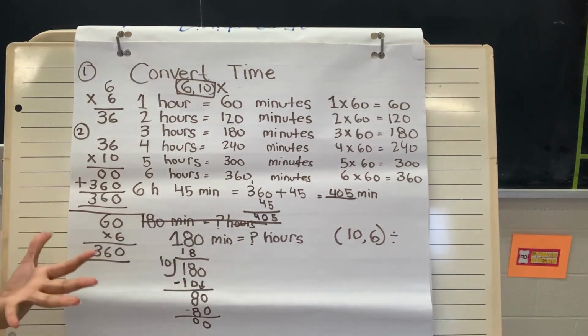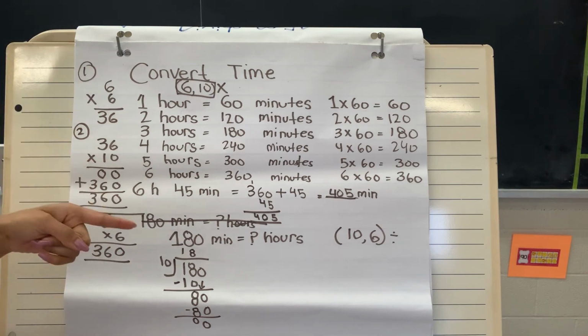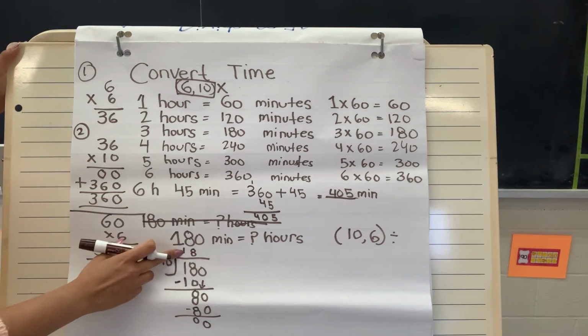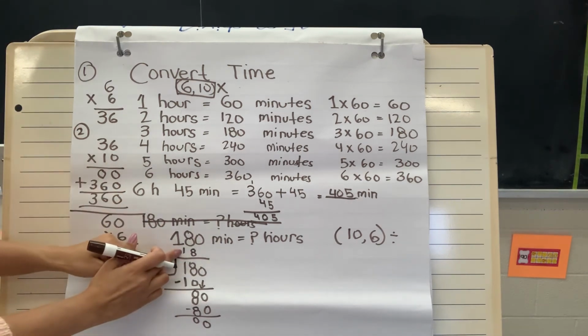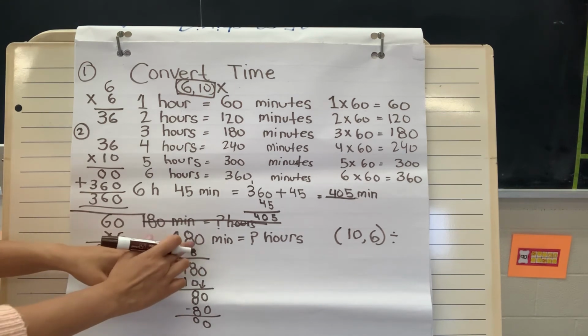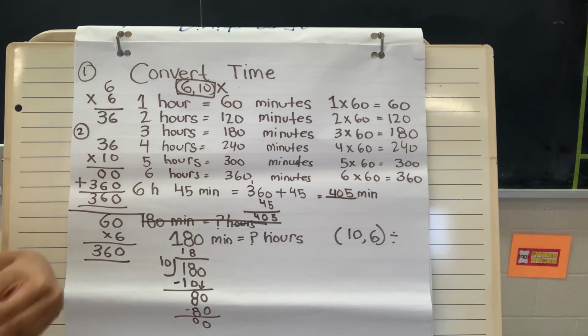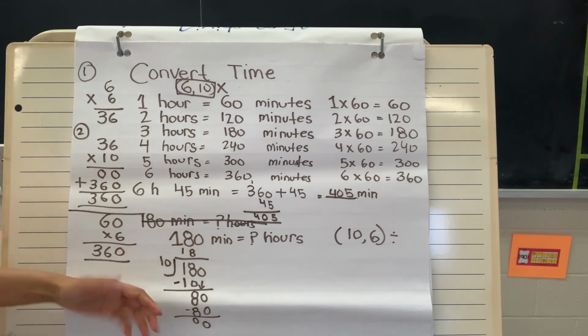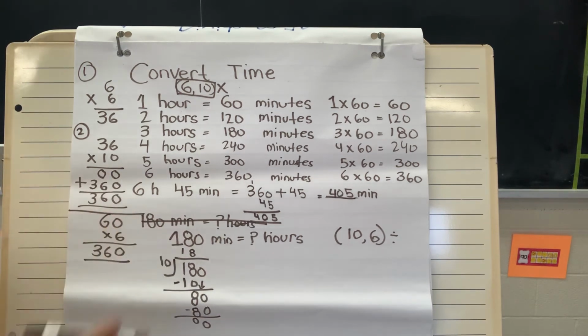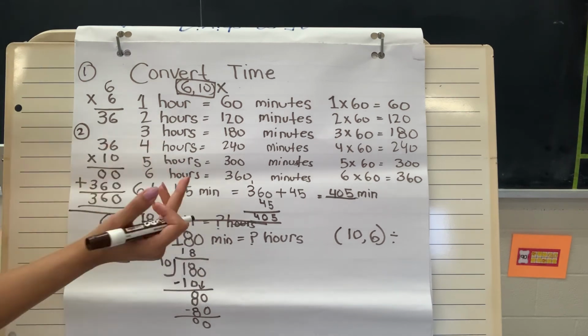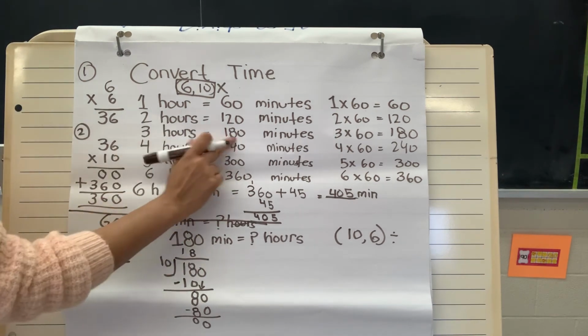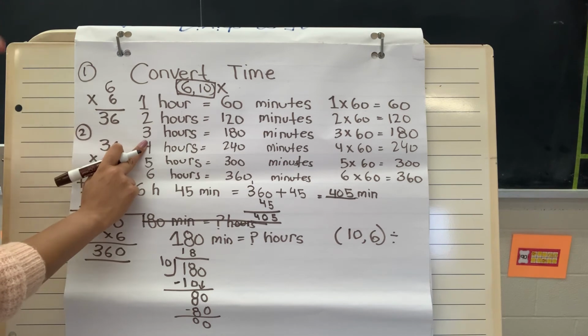Now, am I done? Absolutely not. Because if I say I'm done, that is telling me that 180 minutes equals 18 hours. That is insane. That's not correct, right? Because 180 minutes, oh, look, we found our chart again. 180 minutes should equal 3 hours.